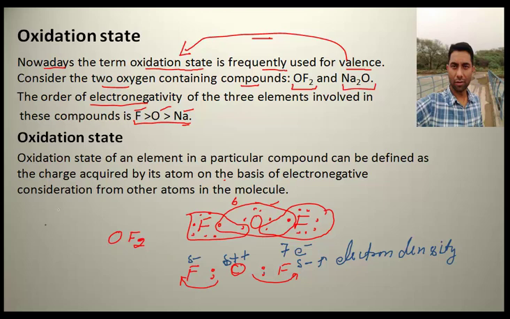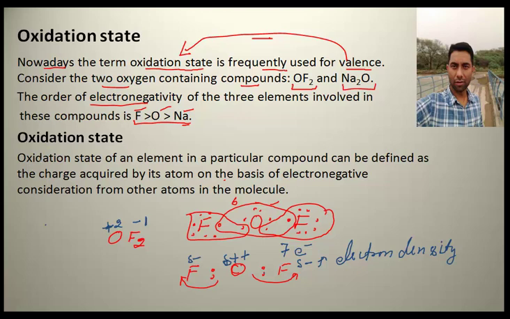So fluorine in this OF2. In OF2, fluorine will have -1. Each fluorine atom will have -1 oxidation number, or oxidation state, and oxygen will have +2. I hope you are getting this, right?